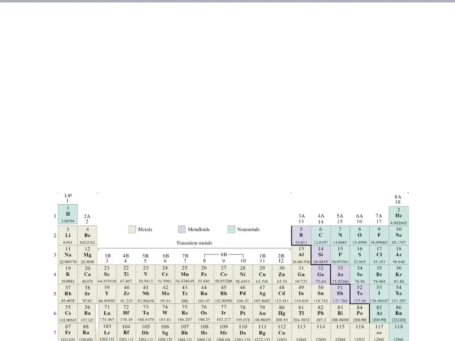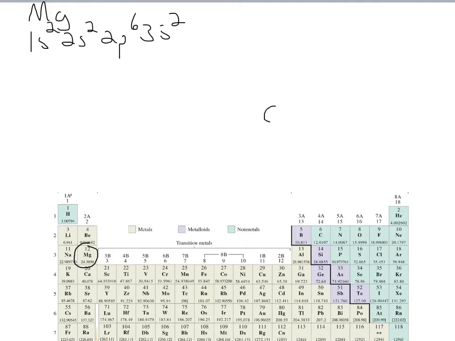Now I want to turn and look at another example, which is magnesium. Magnesium is right next to sodium, so we're moving across the period. With magnesium, our electron configuration is going to be very similar. We have 1s2, 2s2, 2p6, 3s2. Once again, we can draw our atom.